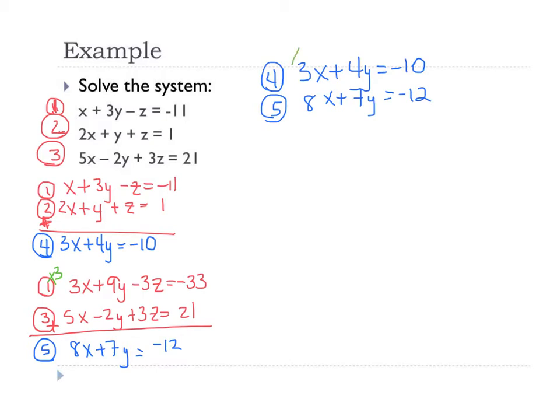So let's multiply the top one by 8 and the bottom one by -3 to make the x's opposites. So we're looking at 24x plus 32y equals -80.